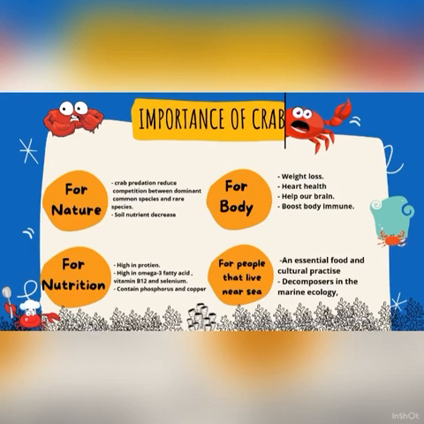Lastly, crab is important for people that live near the sea, because crab collecting is an essential food and culture practice for several indigenous peoples. Crabs are one of the most important decomposers in the marine ecology and help to clean up the seabed by gathering, rooting, and animal debris.